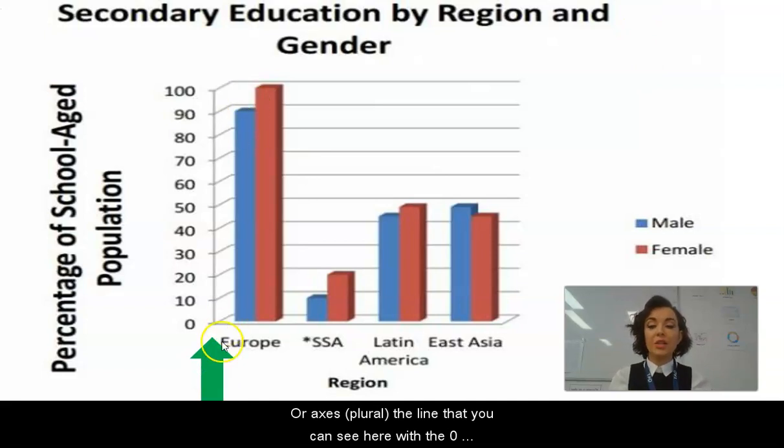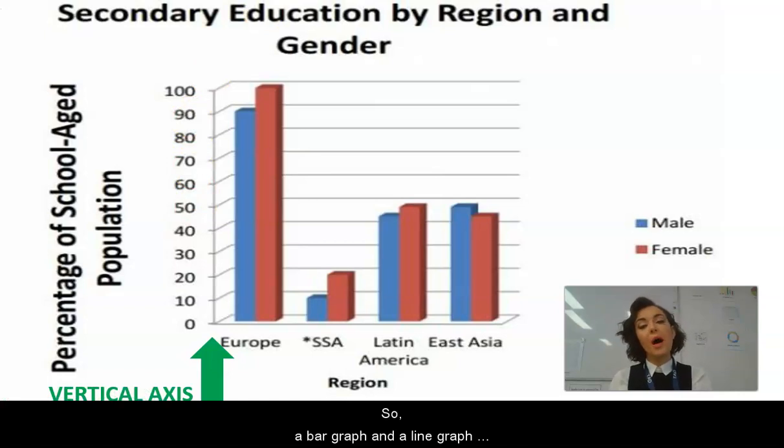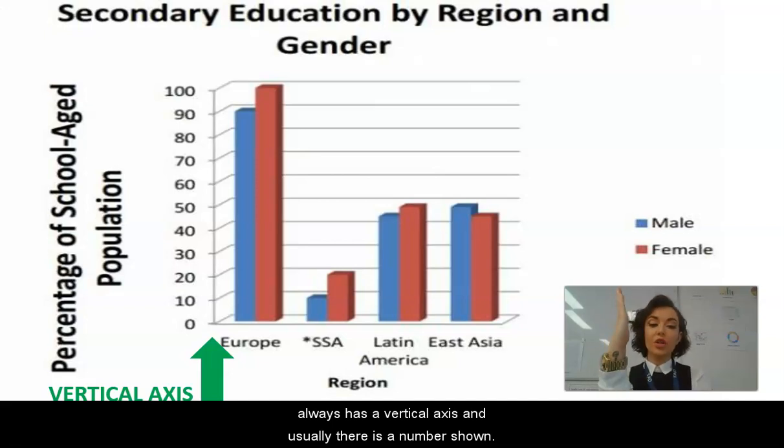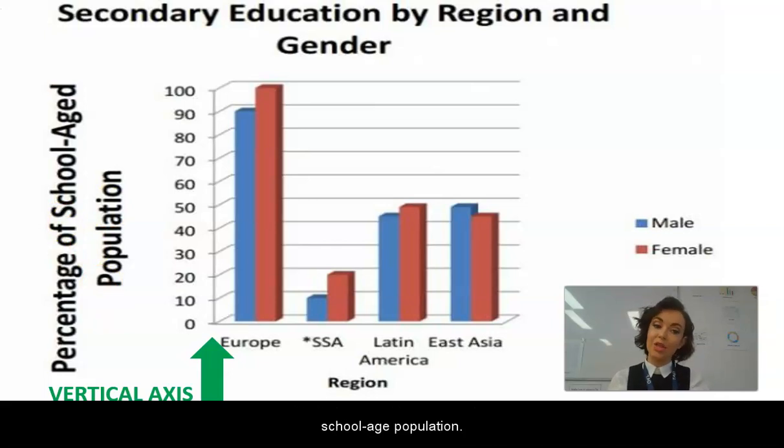Now the line that you can see here with the 0, 10, 20, 30, 40, 50 to 100 is the vertical axis. So a bar graph and a line graph always has a vertical axis, and usually there is a number shown. So in this case, it's showing the percentage of the school-aged population.